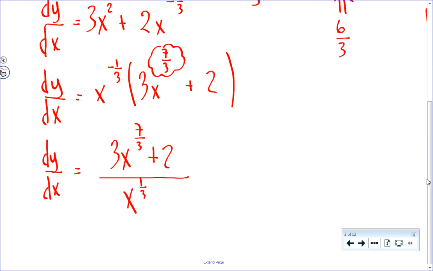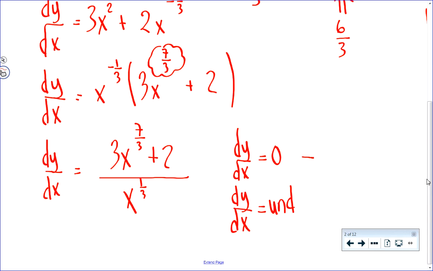And now we're looking for where the derivative dy/dx is equal to 0, and also where the derivative dy/dx is undefined, because those would be critical values of x. The thing I want you to appreciate is dy/dx is equal to 0 whenever the top of this expression is equal to 0, and dy/dx is undefined wherever the bottom is equal to 0.